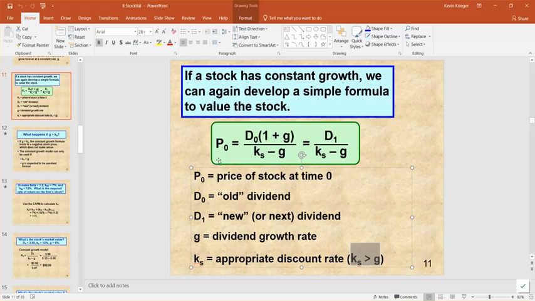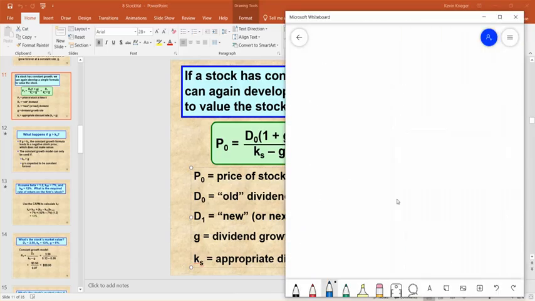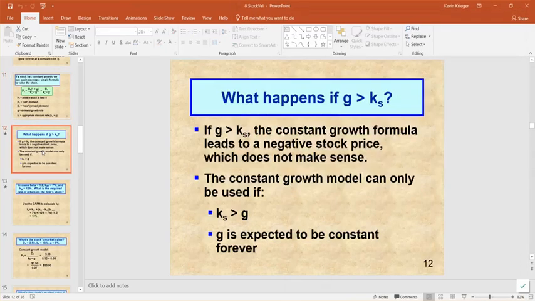And then the other thing to keep in mind is that your KS and your G are, of course, always in decimal version. So if you have an 11% KS, that's 0.11, and a 3% growth rate, that's 0.03. You have to use them that way to plug them in here.